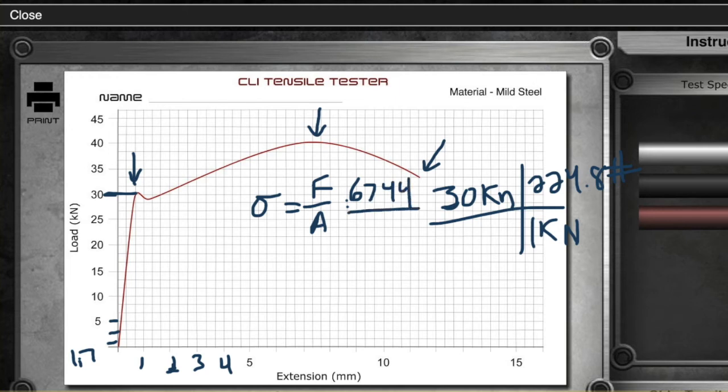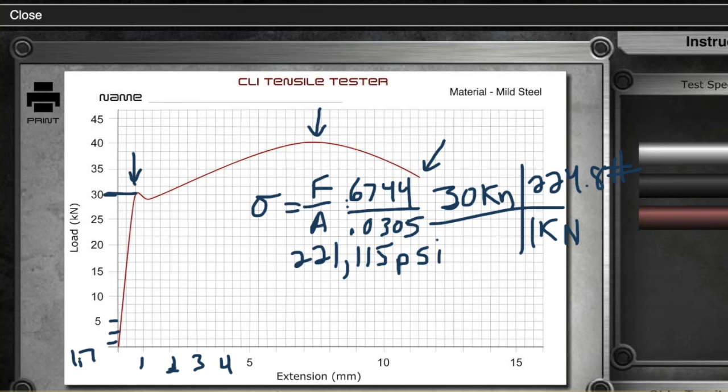And then I'm going to divide it by the area, which remember we already calculated was 0.0305, and that gives me then a stress of 221,000, and you should be checking all this math on your calculator. 221,115 psi would be the stress right there at the proportional limit.